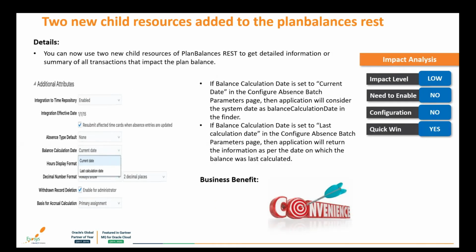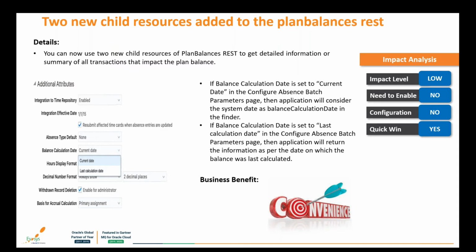The first absence management 21A upgrade feature is that now plan balances REST resource has been enhanced with 2 new child resources. One is plan balance details child resource and the other is plan balance summary child resource.